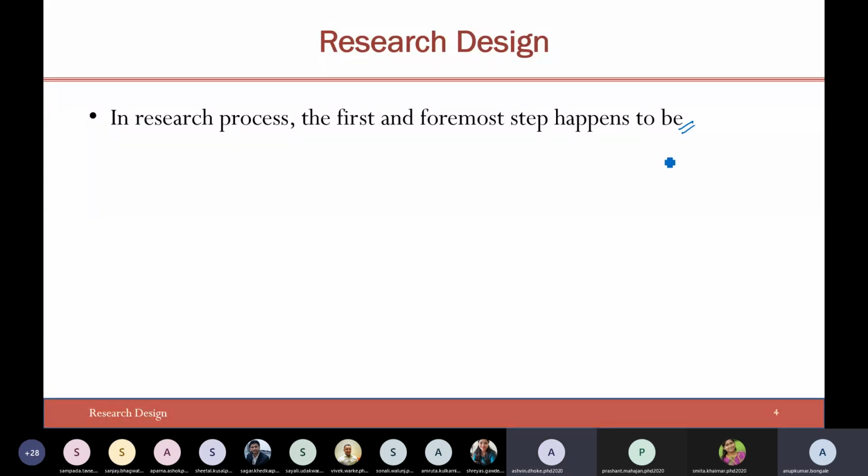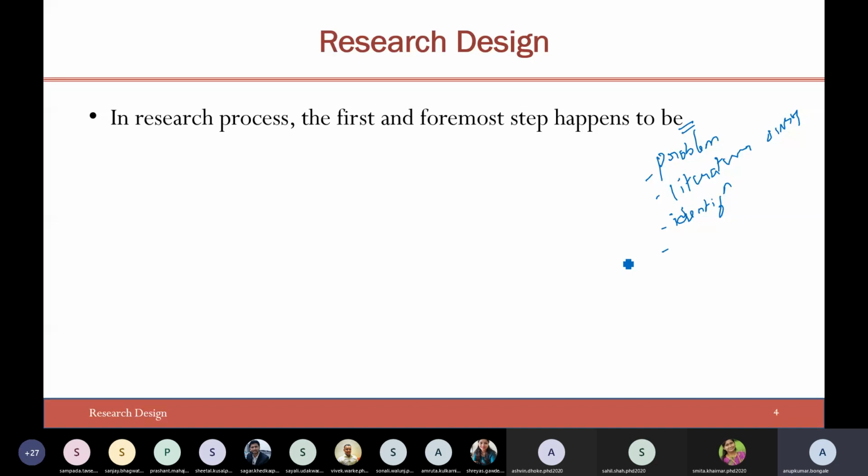Literature review. Identifying the problem. Defining the problem. I also heard literature survey, and somebody told me something related to identification. Yes, identification of the problem, again something related to the problem itself.